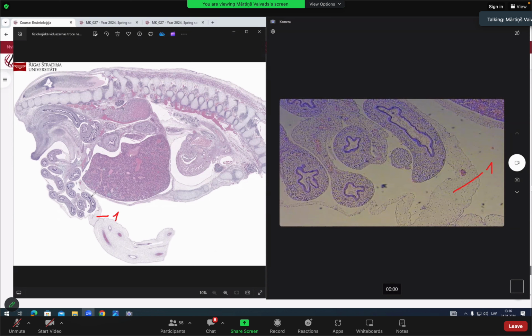Then, what else? Here we see structures that I will label with number 2. You see a lot of them also inside the human embryo, and here in the slide quite a lot. You can write in different ways. You can write developing small intestine. Or you can also write developing midgut.